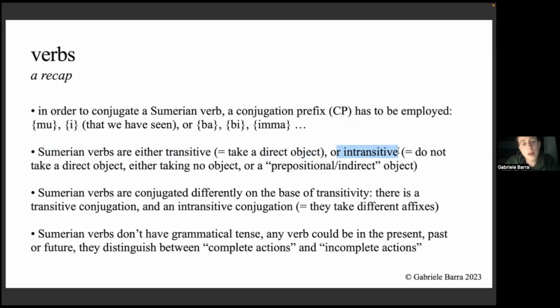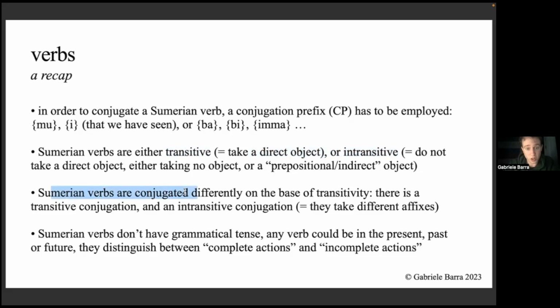So no object. Or the object is indirect or prepositional, as you would say in English, because it's introduced by what we understand as a preposition. So I go to the store, I give it to him, etc. Those would be intransitive, while the transitive ones take a direct object without any preposition.